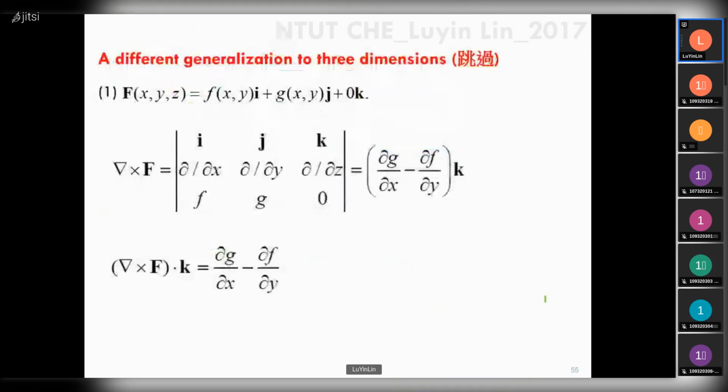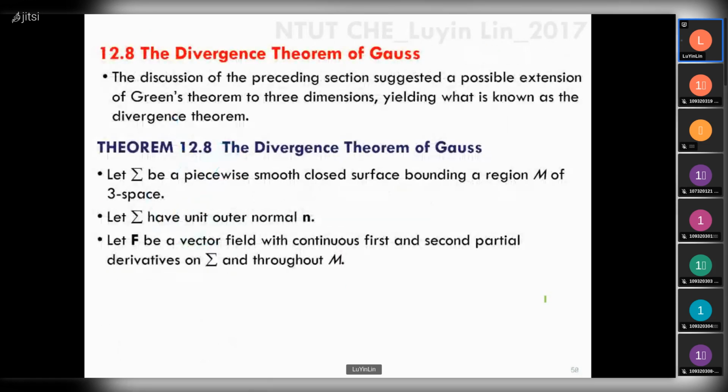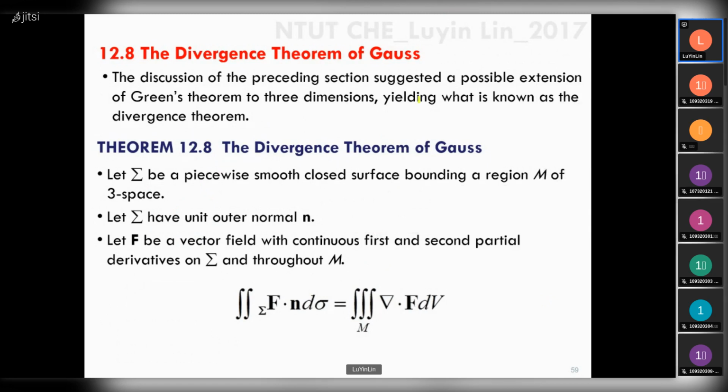Okay, so here is another way to verify the equation, to verify Gauss's divergence theorem. I want to skip this. Okay, just another way. Let's go to slide 59. So the divergence theorem of Gauss, the same as I told you.